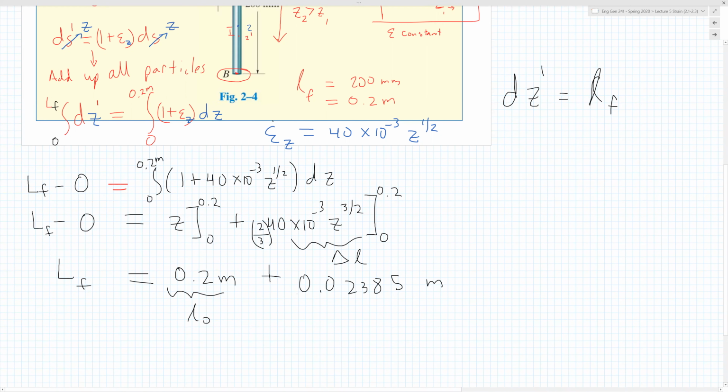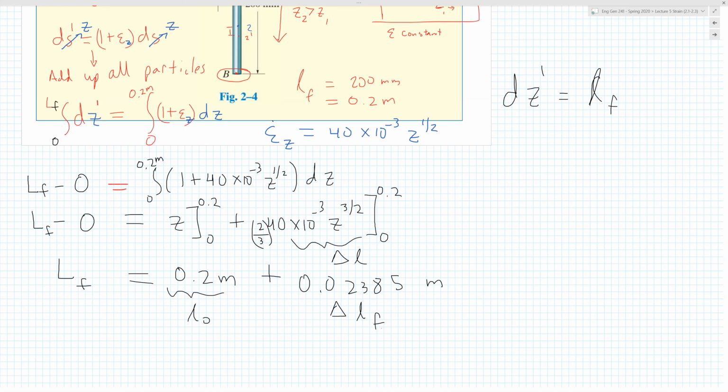And that makes sense, right? The change in length is how every single little particle changes its length. But each particle changes its length differently, depending on its position, because it strains differently. So you add up every single little particle's contribution to the original length of the bar. Because L final is equal to your L initial plus your change in length.